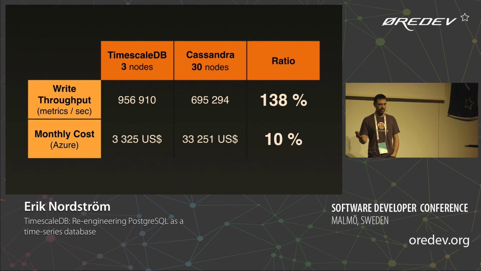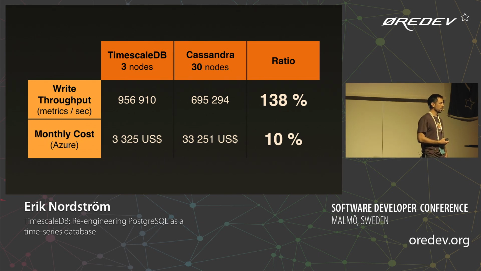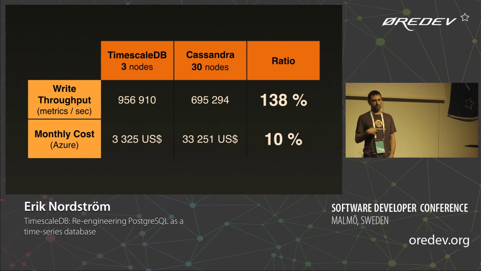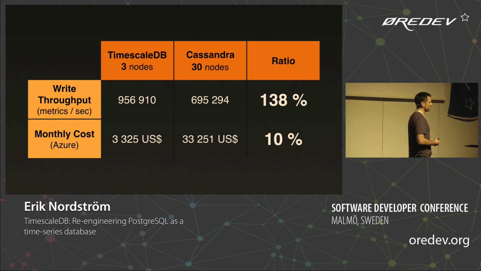This is a streaming replication setup that we use with TimescaleDB, so you have 3 equal replicas. The write throughput is faster with TimescaleDB, and we can probably do faster queries as well, even though we have a much smaller cluster. So that translates to a 10x difference in cost per month, which is pretty significant.